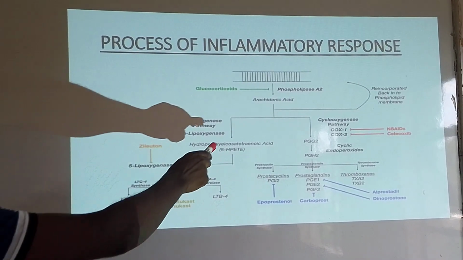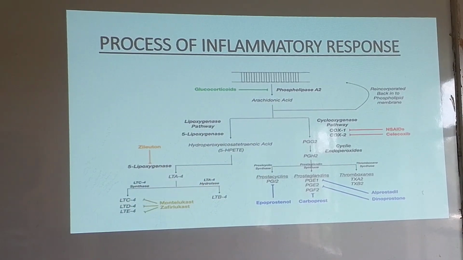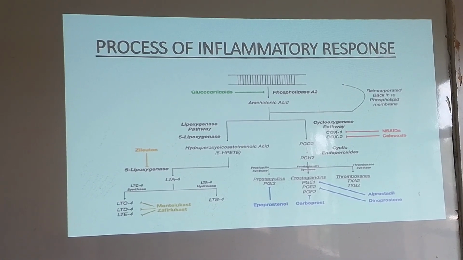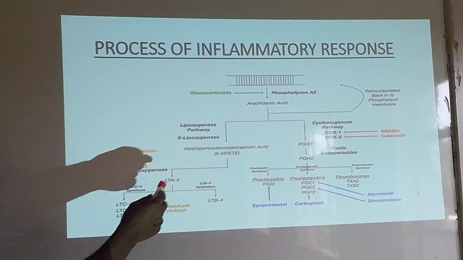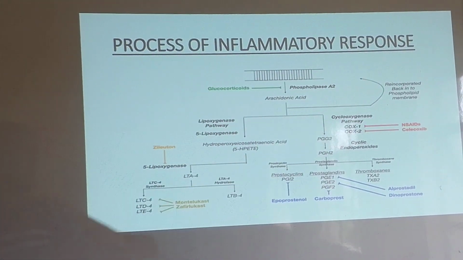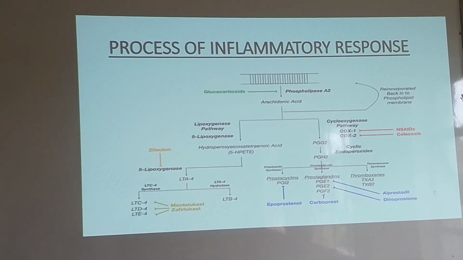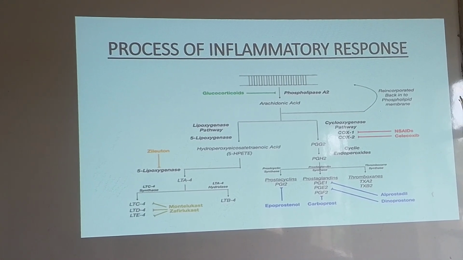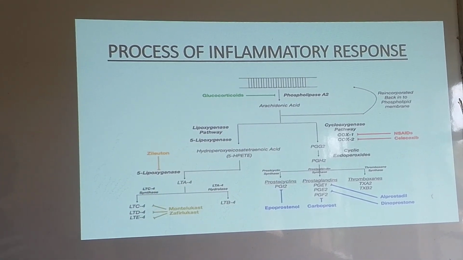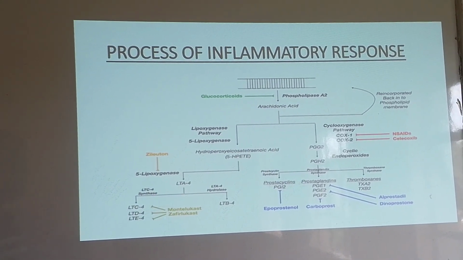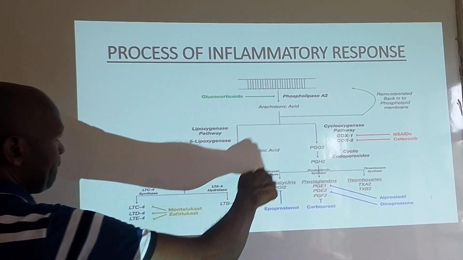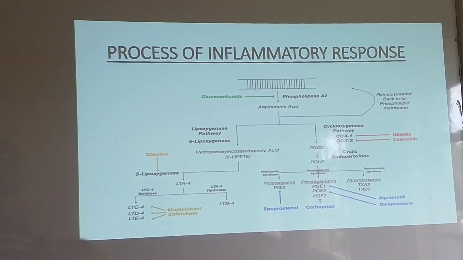So once the arachidonic acid is produced, it can have two fates. The first fate, this arachidonic acid can be recycled back into the cell membrane. That is one. Another possible fate is that it will come down and it becomes a substrate for two pathways, either this one or this one. So there are two pathways here.